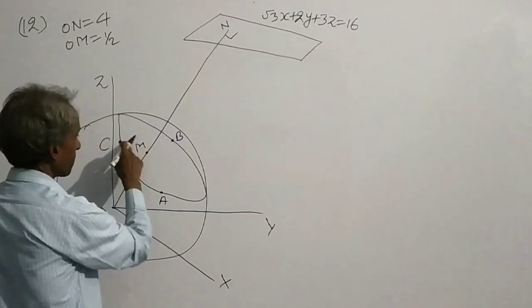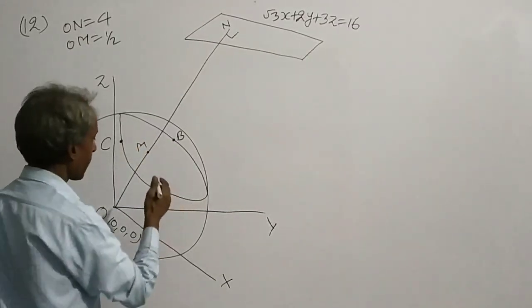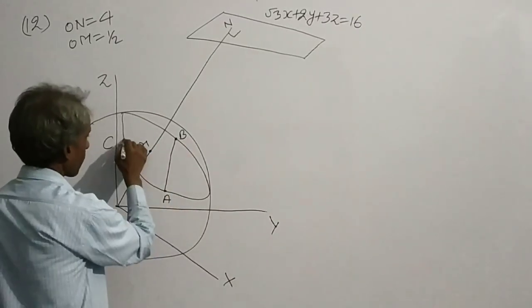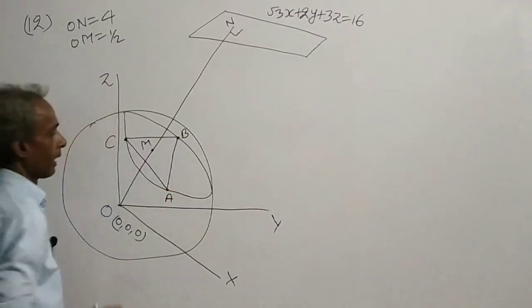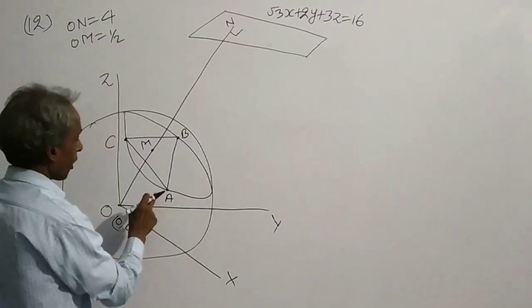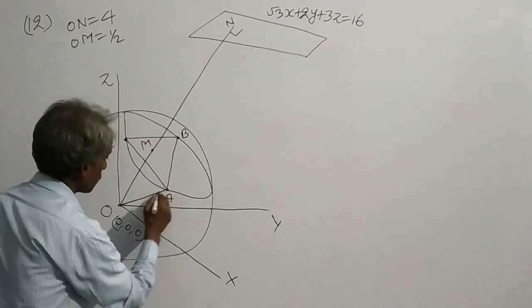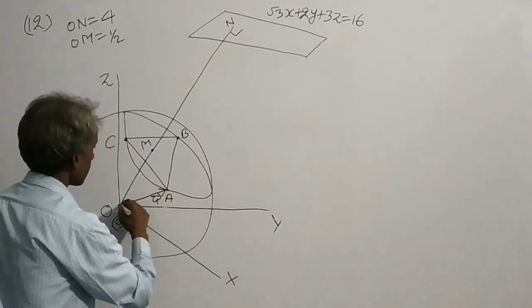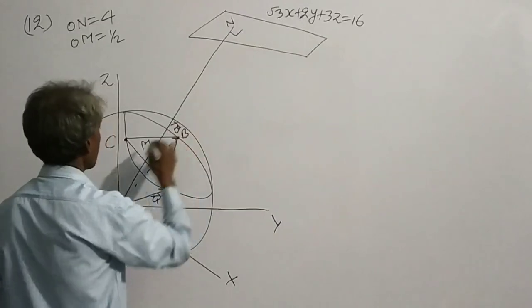ABC becomes the vertices of an equilateral triangle, and suppose the position vectors of points A, B, C be U, V and W.